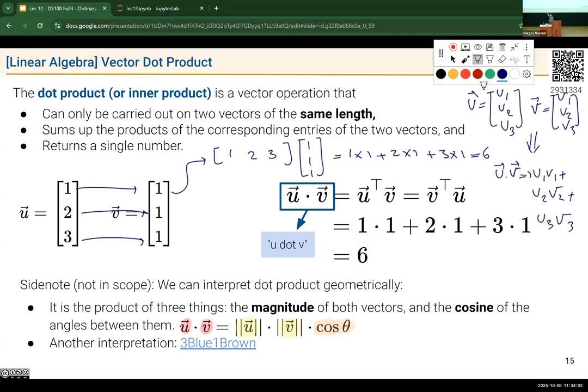Why am I writing it with this notation? Because I want you to notice that every time you're calculating a summation where the same set of elements are multiplied together with different indices, you can think of it as calculating the dot product between two vectors. This is an intuition for how you can identify when a dot product is being calculated.